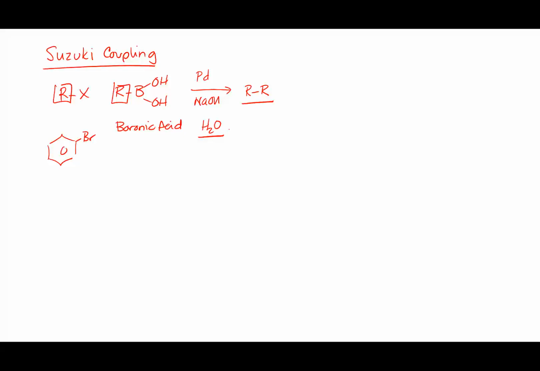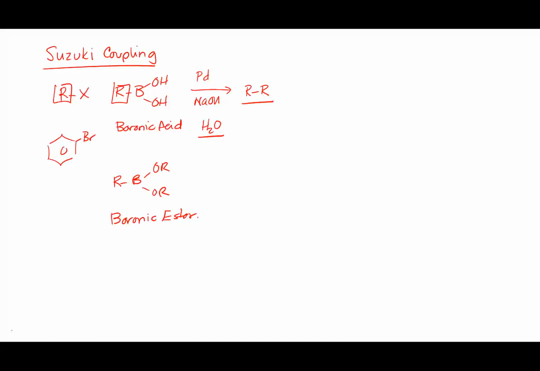And that, the boronic acid, or I will also broaden this out and say that sometimes people use what's called a boronic ester. This we're going to treat kind of like this.